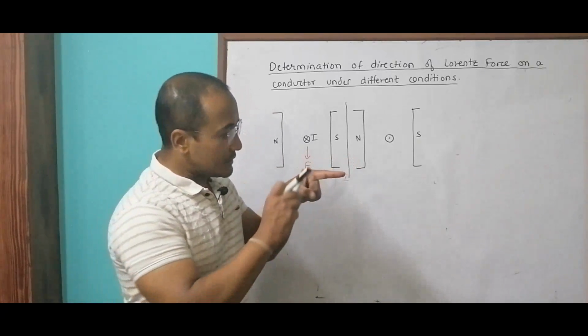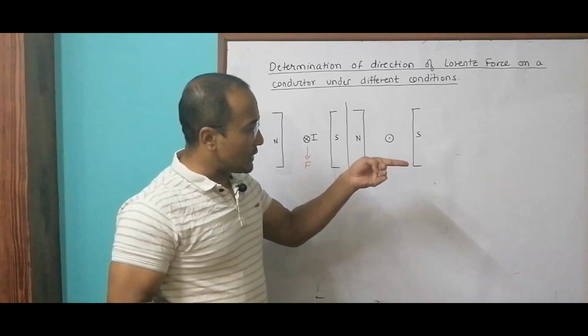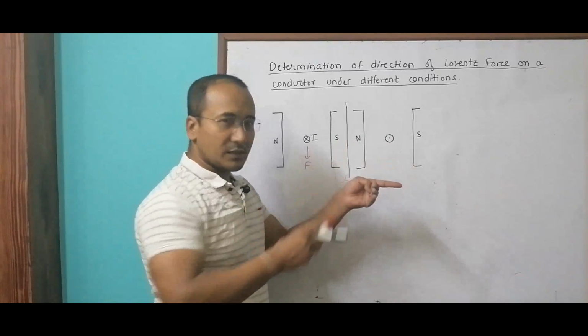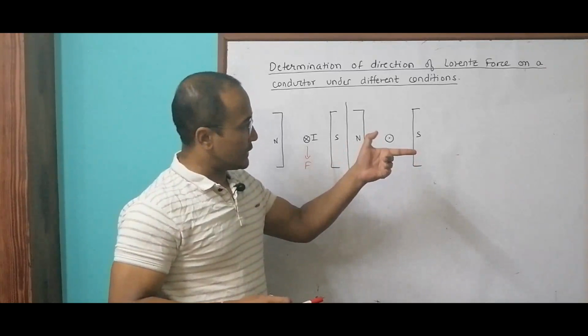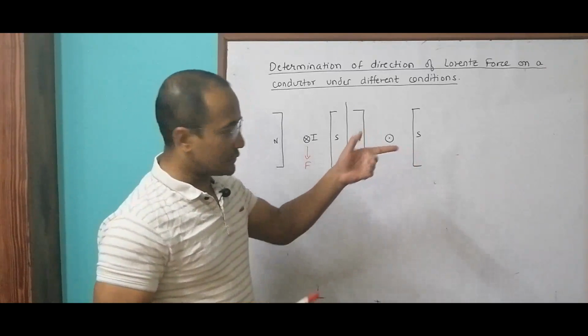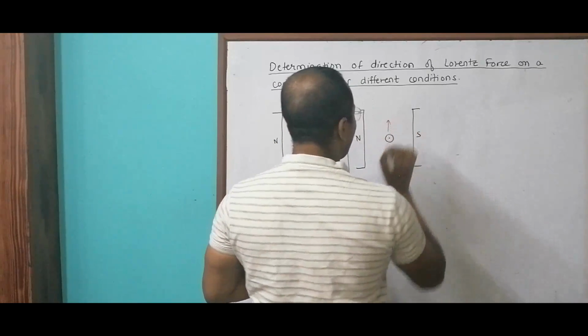The magnetic field is N to S, and the conductor carries current in this direction, coming towards us. That means the force should be in the upward direction. So let me draw it like this. This is the direction of the force.